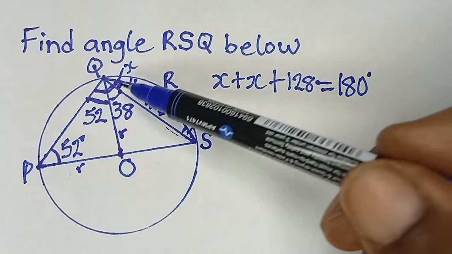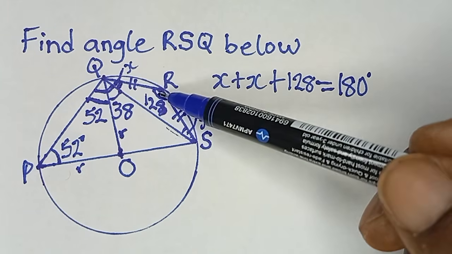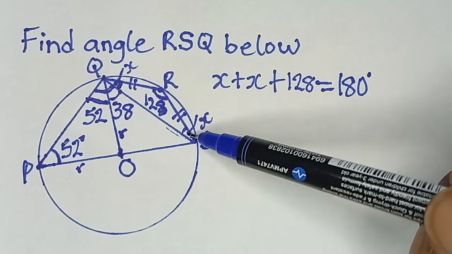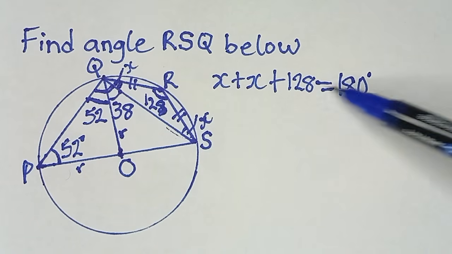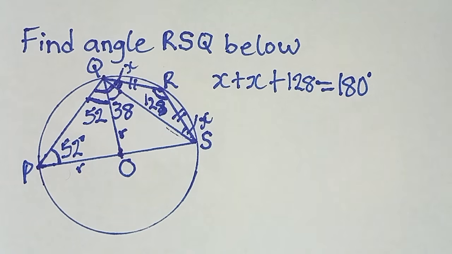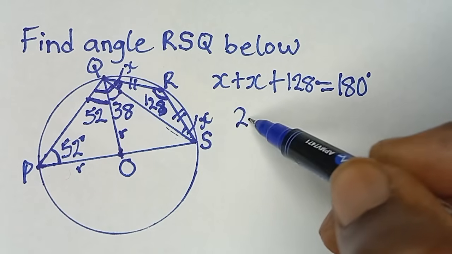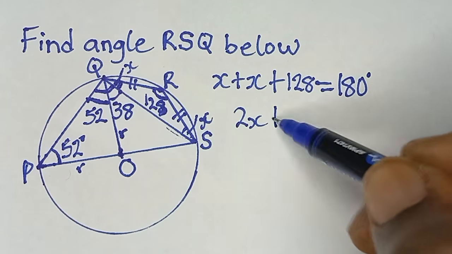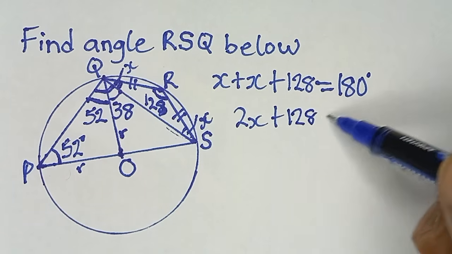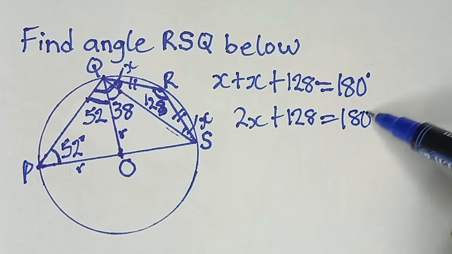So we have x plus x plus 128, the three angles in this small triangle, together adding up to 180 degrees. That's 2x plus 128 is equal to 180 degrees.